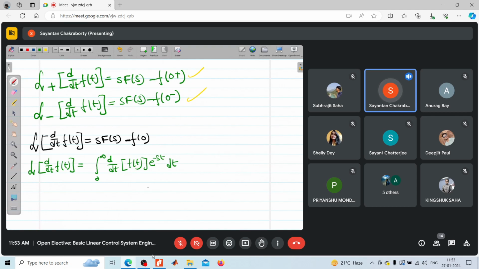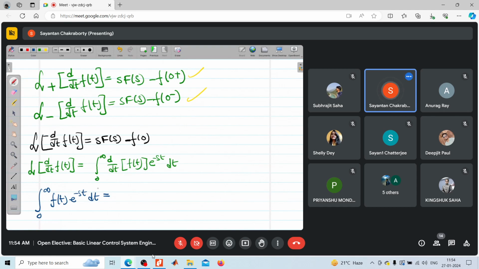So this is your f(t). Normally what we can do is write down the integral from 0 to infinity of any function f(t) e^(-st) dt.